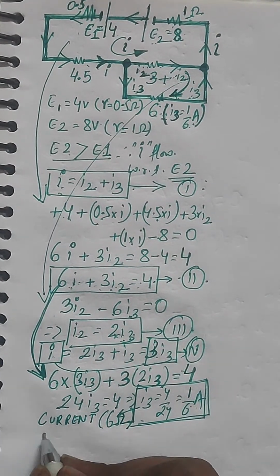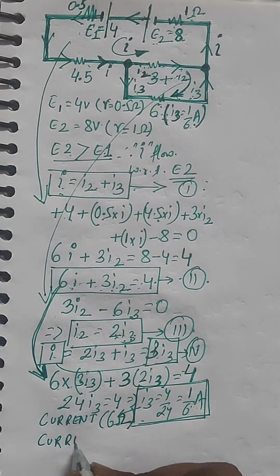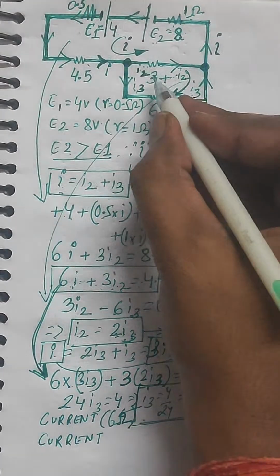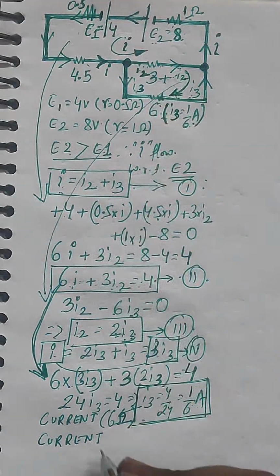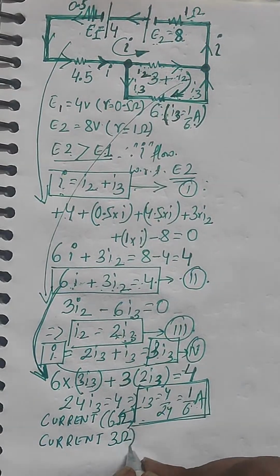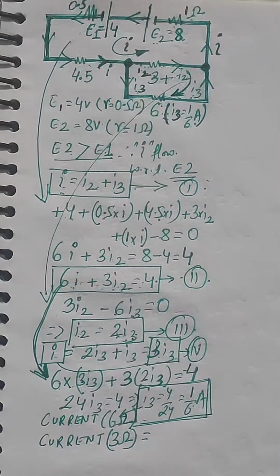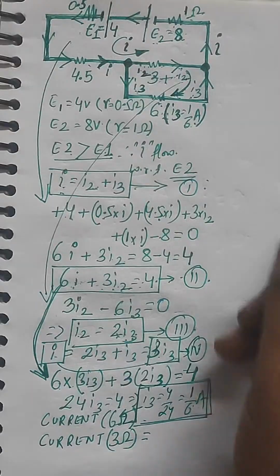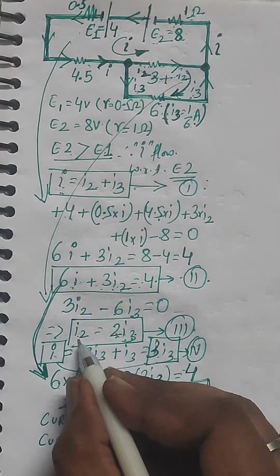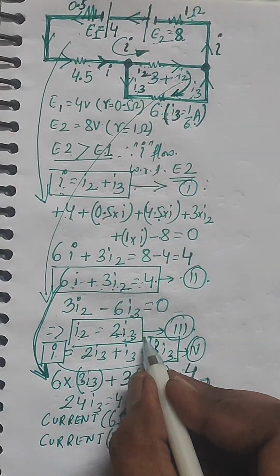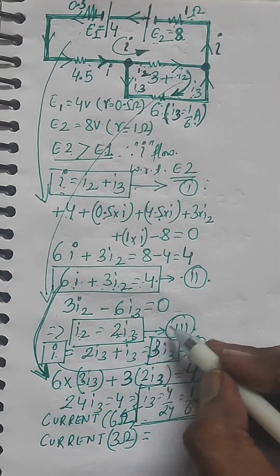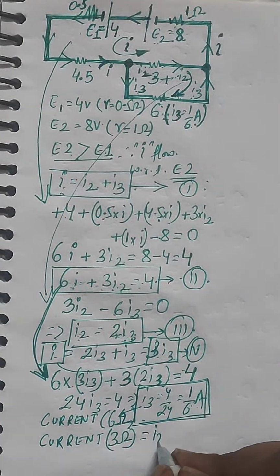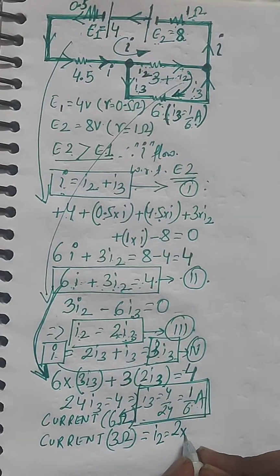Now the current through this 3 ohm resistance is calculated as what? I2. What is I2? I2 is nothing but 2 times I3. So use this equation number 3: I2 equal to 2 times I3.